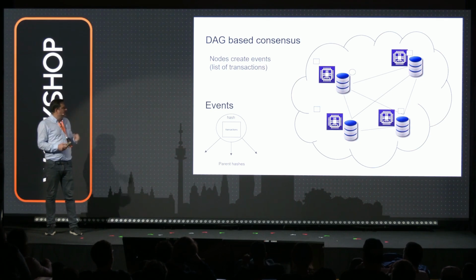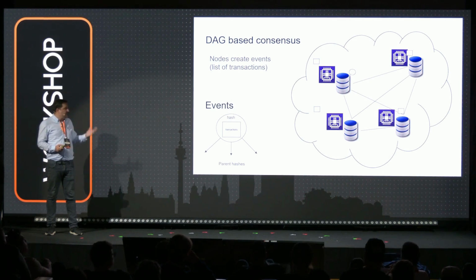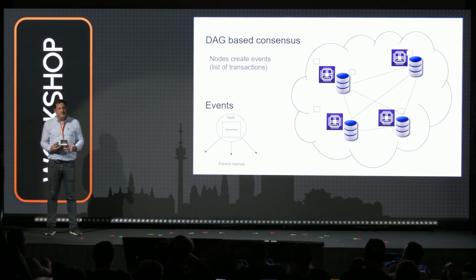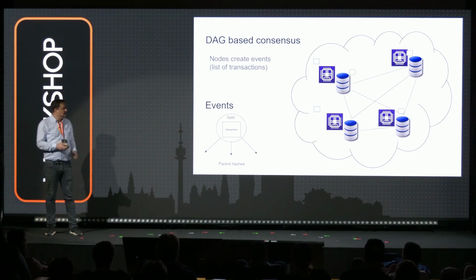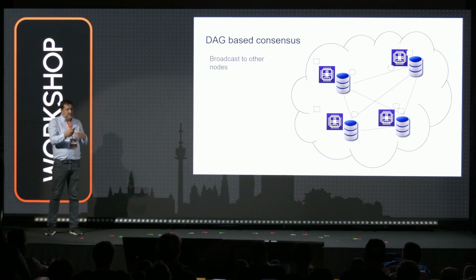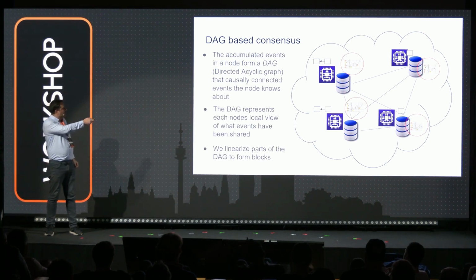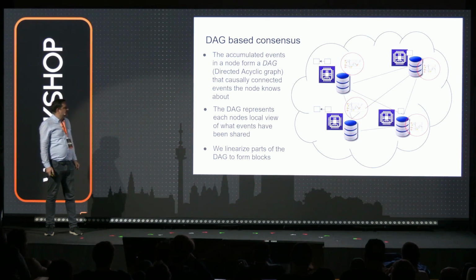Here we have units of transactions we call events. Each of these have a hash, and they have parent hashes. So they actually link up to previous events that have been seen before by that node. And the idea is that you can create these events and you disseminate them. And everyone disseminates them amongst each other. And eventually we form what Bernard mentioned, this directed acyclic graph.